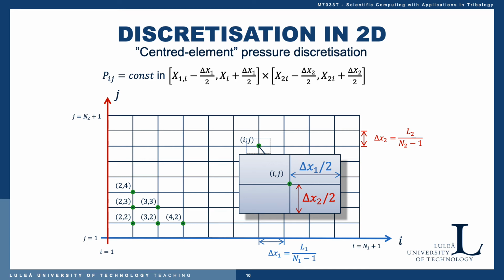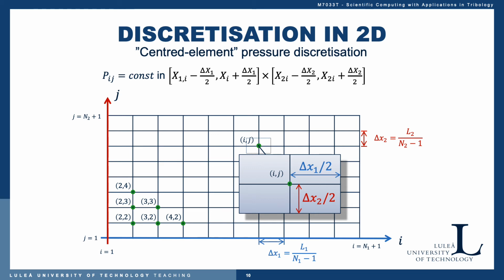And you can see we start with the first index 2, 2. Well, this is MATLAB indexing. So on the origin we have 1, 1. And then the first interior index would be 2, 2.